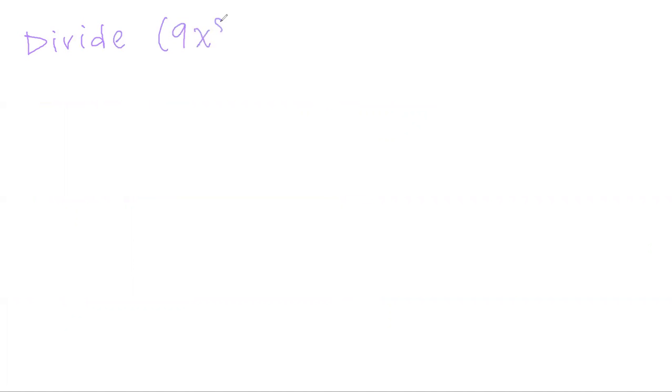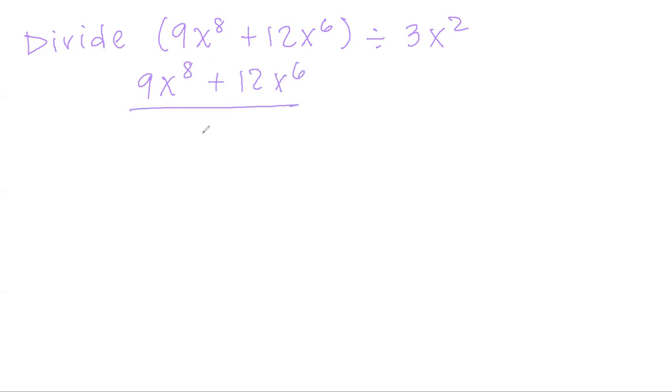All right. So if we have to divide 9x to the 8th plus 12x to the 6th by 3x squared, what we can do is set this up as a fraction: 9x to the 8th plus 12x to the 6th over 3x squared. You can split this into two fractions, 9x to the 8th over 3x squared plus 12x to the 6th over 3x squared.